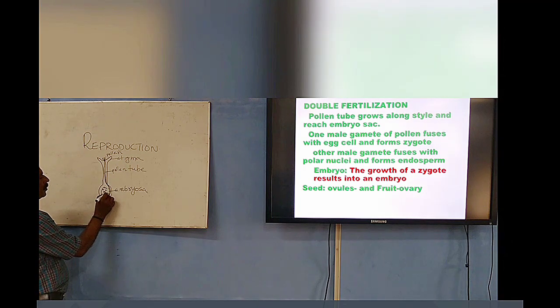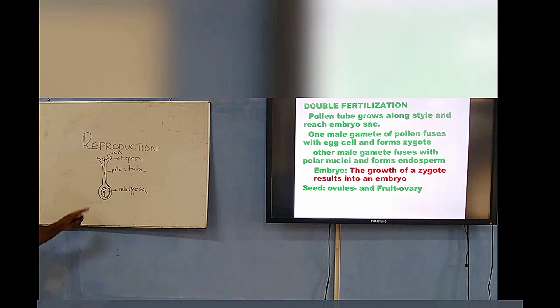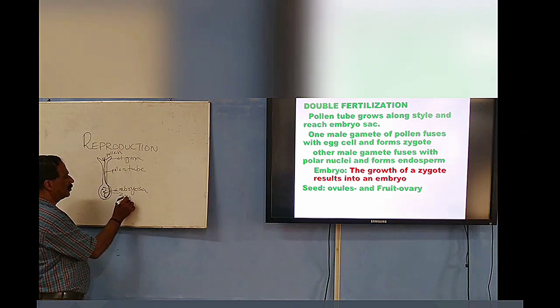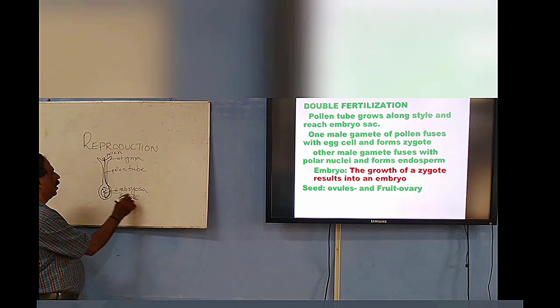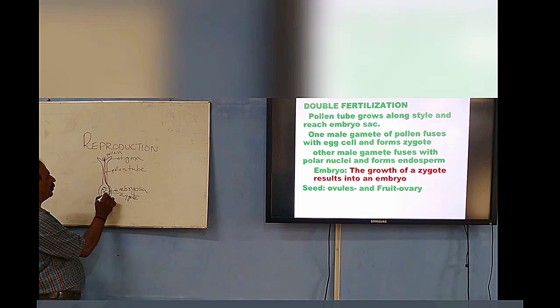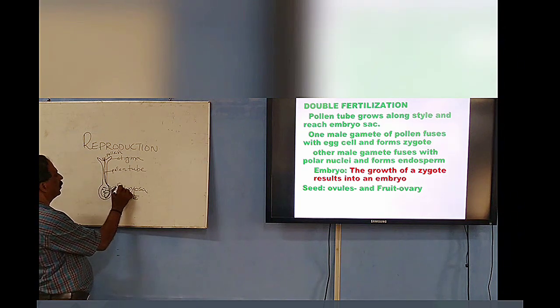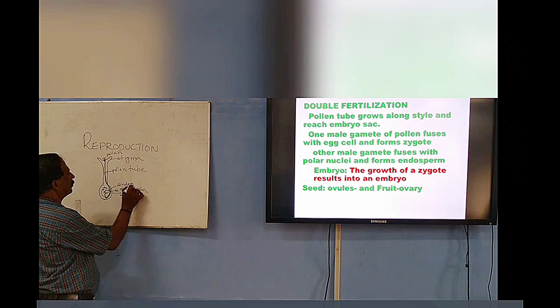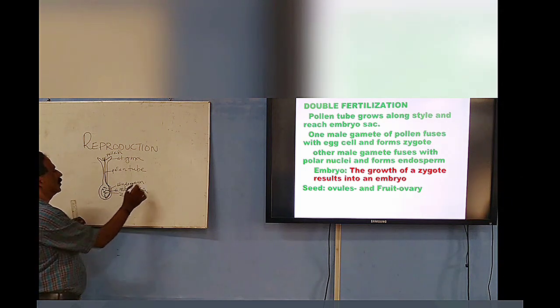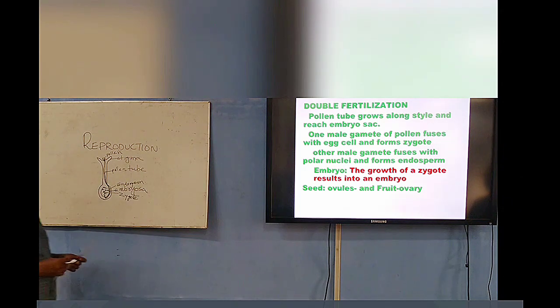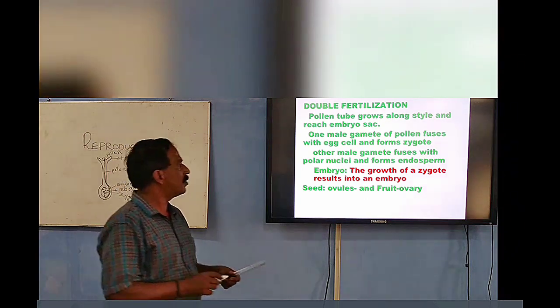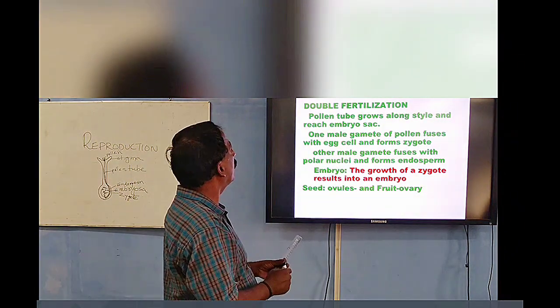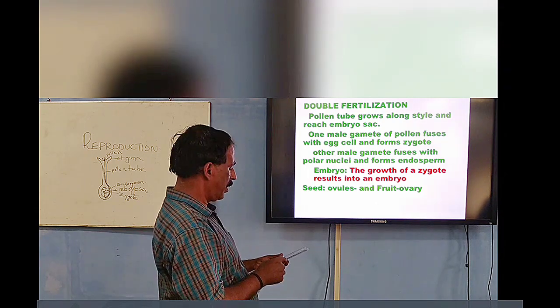So the egg cell plus the male gamete combines and forms the zygote. And another male gamete from the pollen tube combines with the polar nuclei and forms the endosperm. Since fertilization occurs twice, it is called double fertilization.